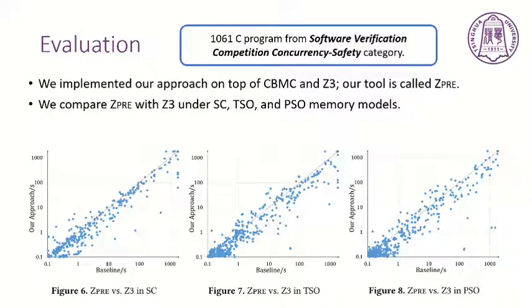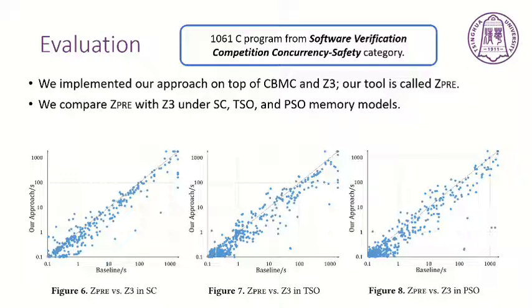We name the interference variables in a special fashion. We record the thread information and the program location. And in SMT solving, our tool ZPRE can recognize the interference variables and generate this decision order.